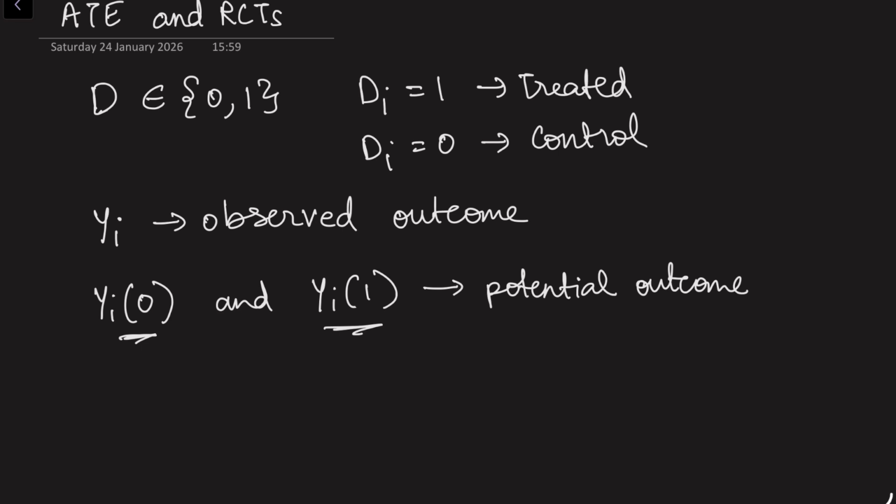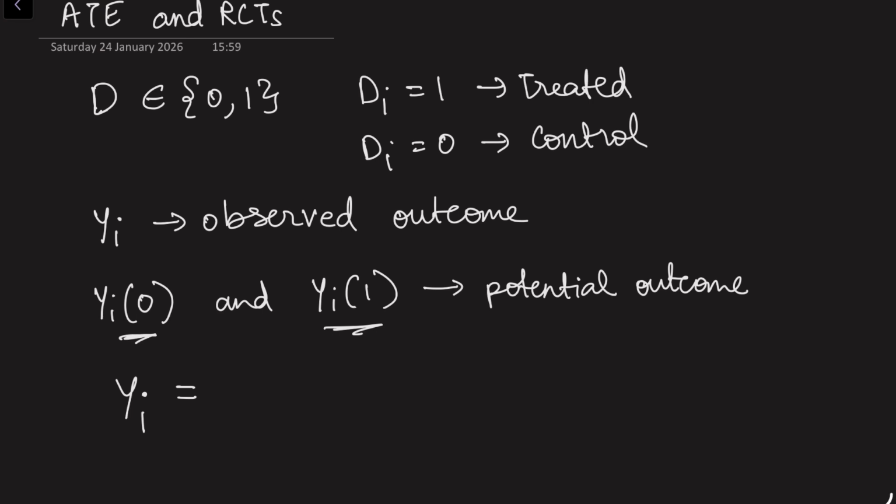Okay, so if this notation is correct, we can try to understand average treatment effects, and before that we should also expand this observed outcome. The observed outcome can be written in terms of potential outcomes.